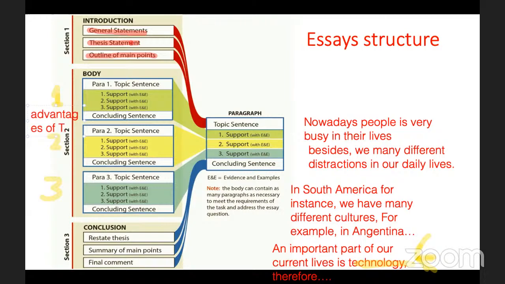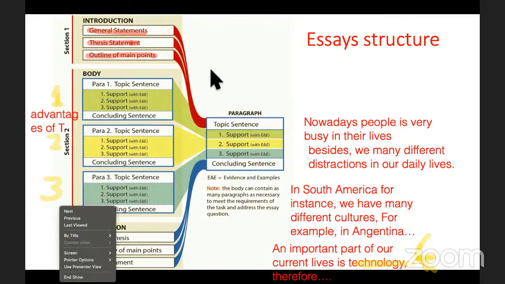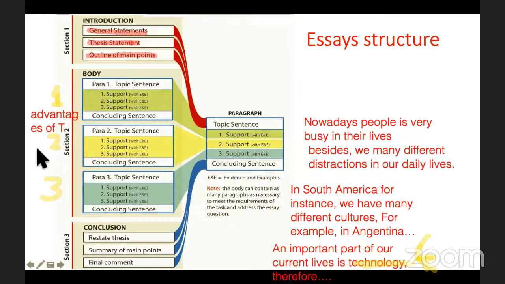Then in my second one, maybe I can talk about, what do you think? What will you write? It could be the opposite, disadvantages of technology. Or maybe I can mention something in the middle, and then at the end I can talk about disadvantages.